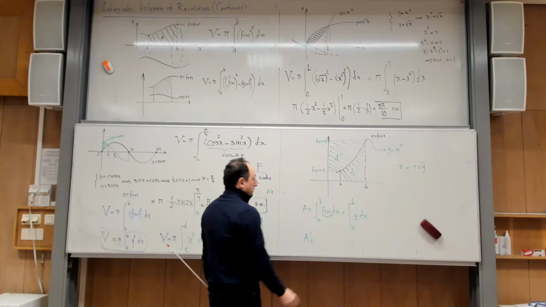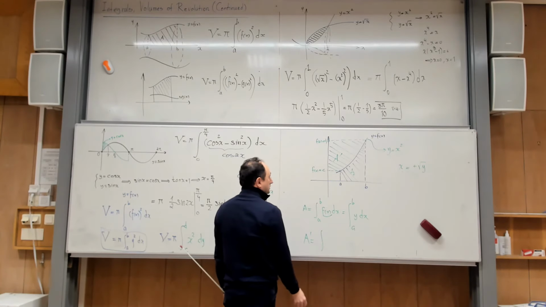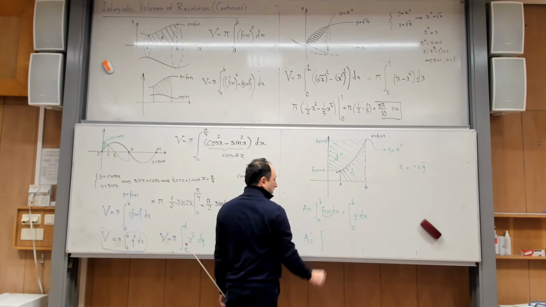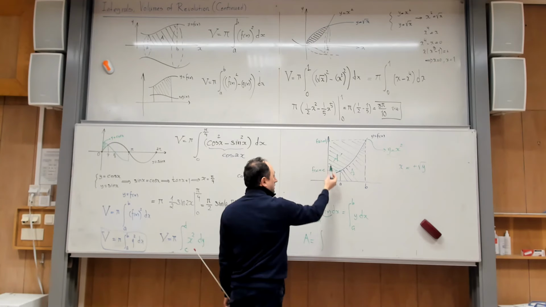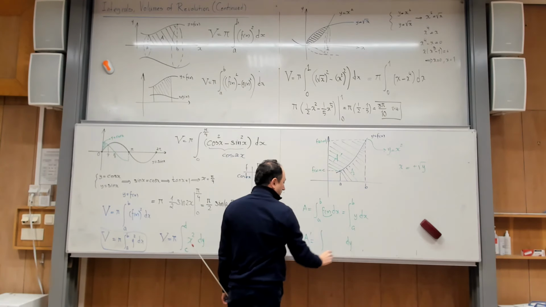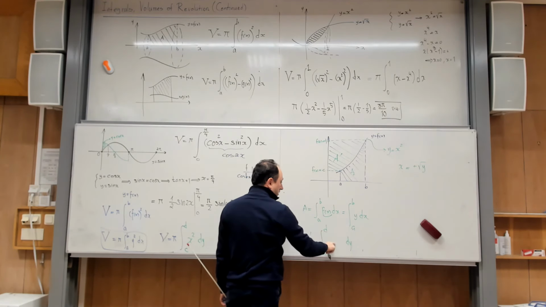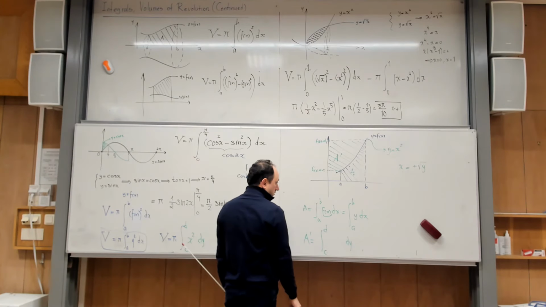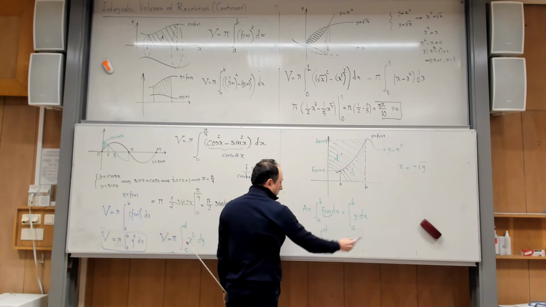A prime becomes the integral from c to d, because now y is changing from c to d, but what should I write here? x.